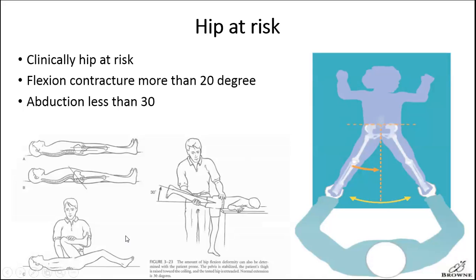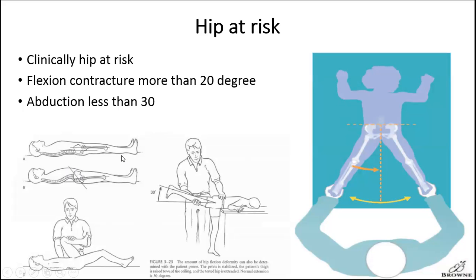As we see in this photo, we do Thomas test, either in prone or supine position. When the patient is lying supine, the pelvis will have some lordosis in the lumbar spine, so the pelvis is tilted anteriorly.